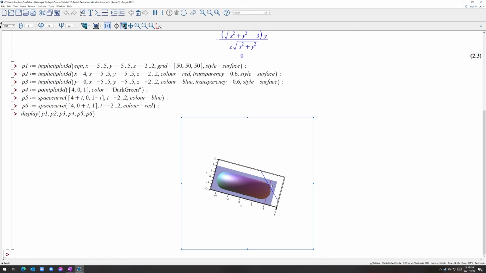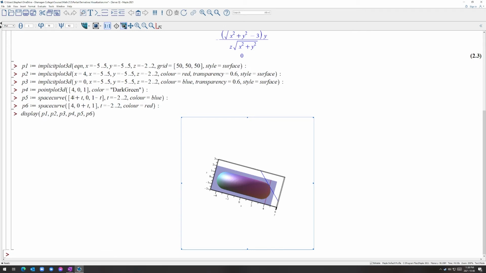That's why it's so important to know implicit differentiation and why we have to plug in a specific z coordinate corresponding to that point up there, not the point down there where we also have x equals 4 and y equals 0. And you can see it's actually to scale. That blue line does look like it has a slope of -1. The equation of that line would be 4 plus t, comma 0, comma 1 minus t.